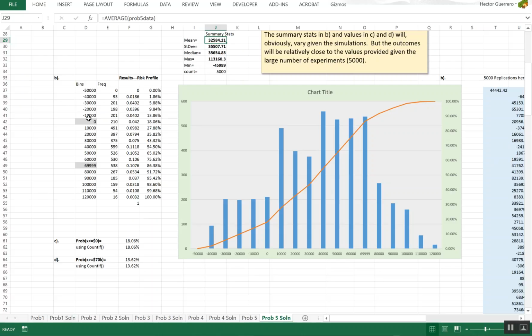I create a set of bins on the basis of my min and my max, and then I do a frequency count with the frequency function as we've done before, and then I calculate a percent of the total for each of these values and a cumulative percentage, so I can ask these probability questions.